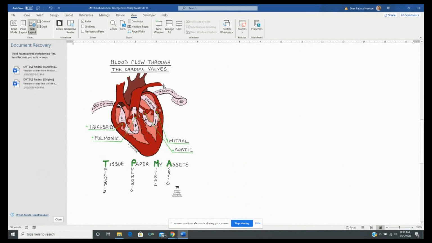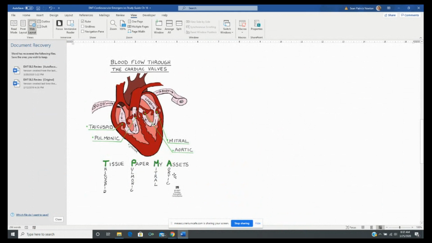Go to the pulmonary artery, which takes the blood off to the lungs where we exchange oxygen and carbon dioxide, and it comes back into the left ventricle. Next valve is the mitral valve, and our left ventricle pumps the blood out to the body. Before it does, it passes the aortic valve. The two valves, the pulmonic and the aortic valves, are really anatomical.